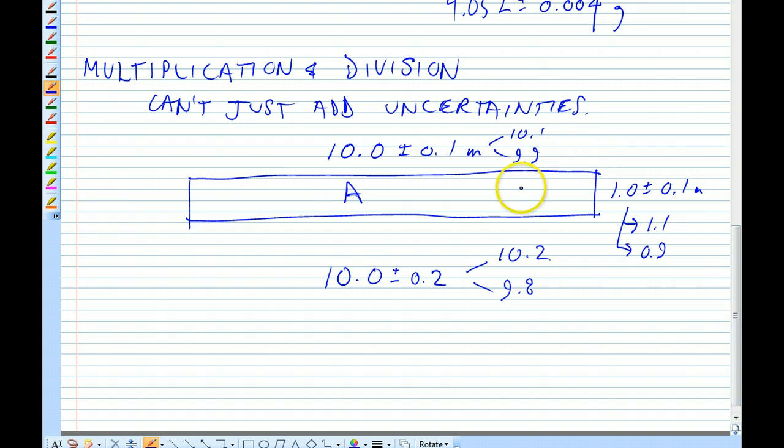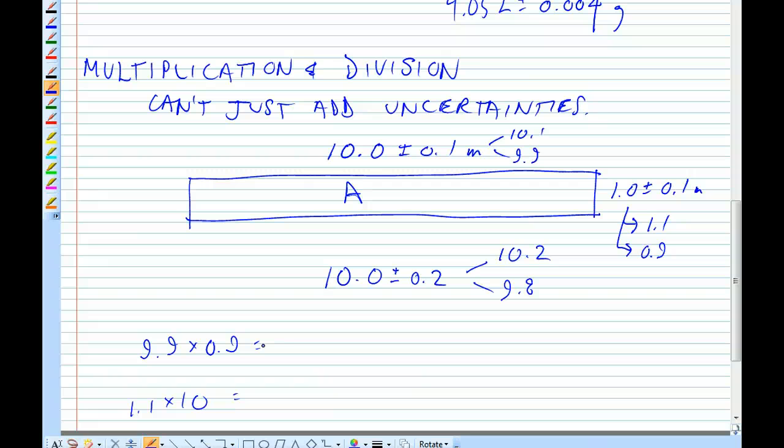So let's do all the calculations here. I could be as low as 0.9 times 9.9, as high as 1.1 times 10.1. See what I'm doing here? I'm picking my lowest possible width and multiplying by the lowest possible length, picking my highest possible width, multiplying by the highest possible length.